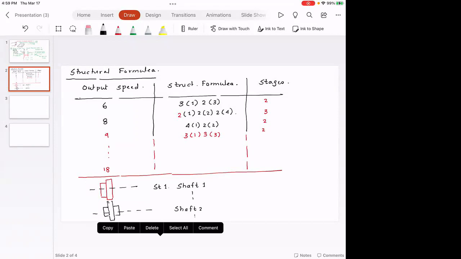There is something called the ray diagram. The ray diagram depends upon the number of stages. If it's 2-stage, then you will have stage 1, stage 2. And as you can see in the parentheses, it shows the number of rays. So you would have 1, and then you would have 1 and 2.